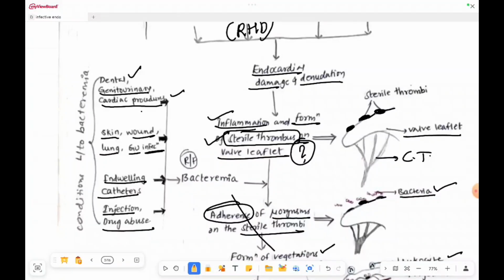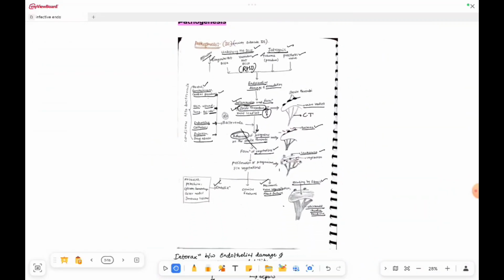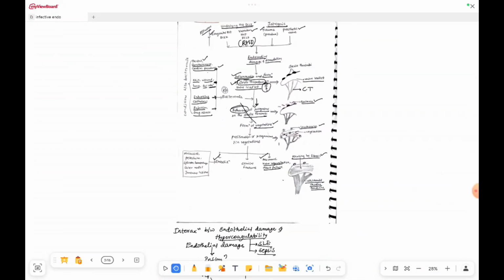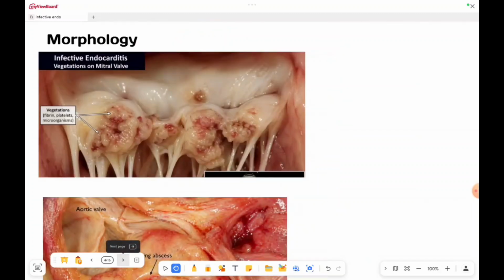All of these open a portal for organisms into the bloodstream, so the organisms gain access into the bloodstream and cause further pathogenesis. So this is the pathogenesis of infective endocarditis.